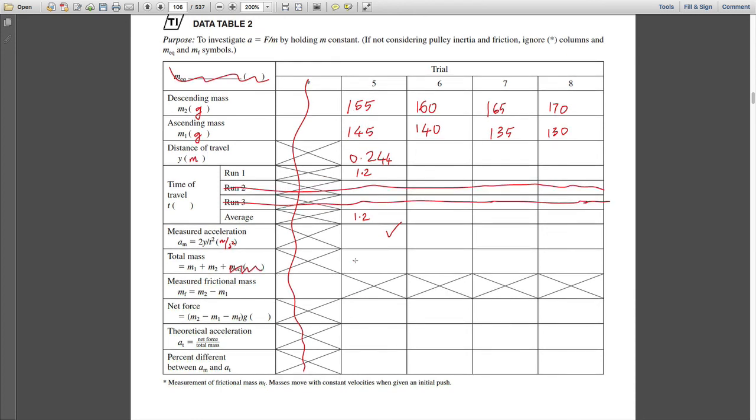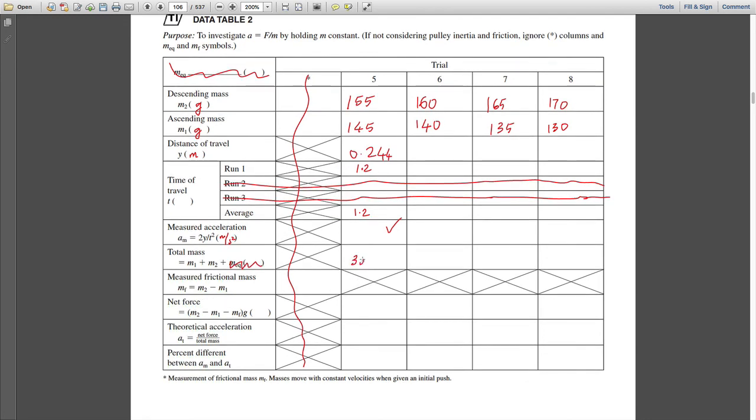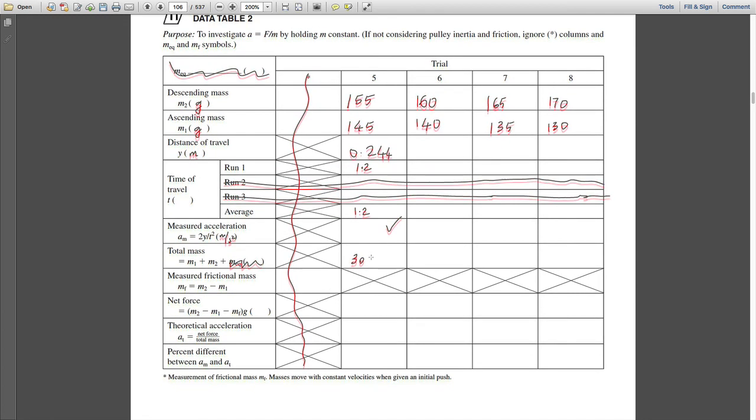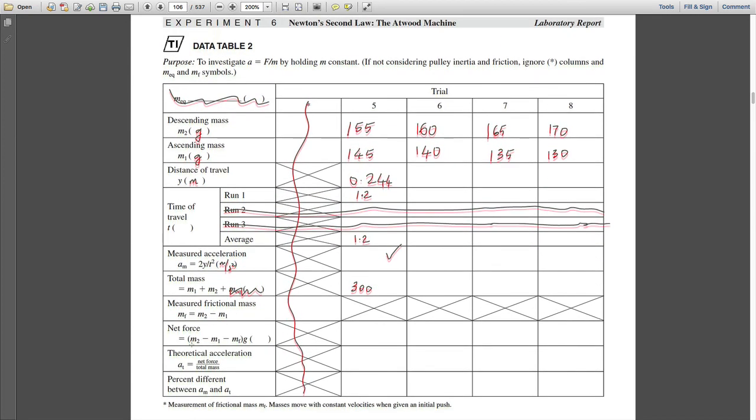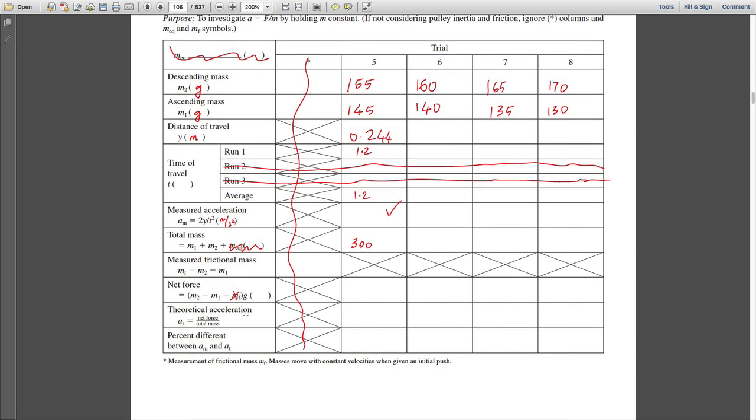Then the total is here 300 grams, right? That's what we said. And then mass 2 minus mass 1, we don't have friction, we're not considering any friction, so this one has to be crossed out as well.